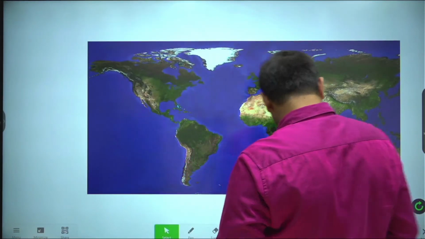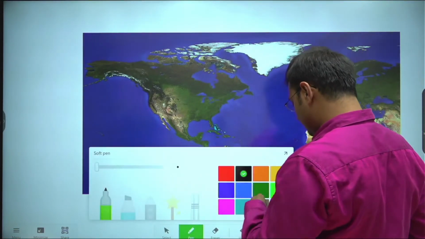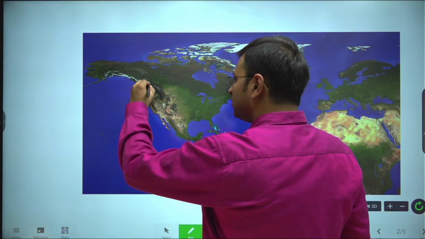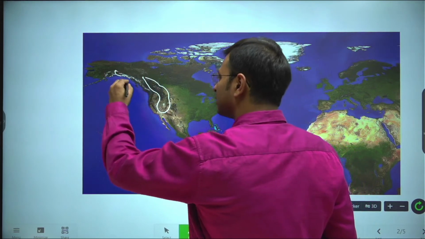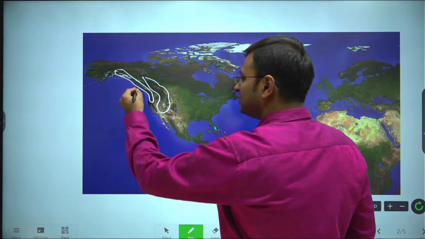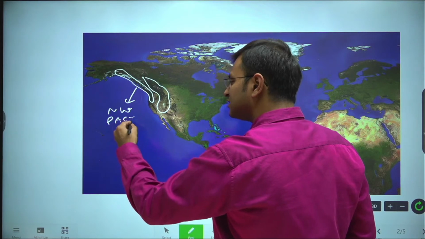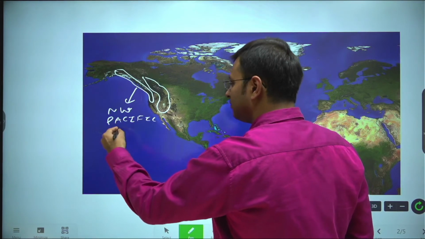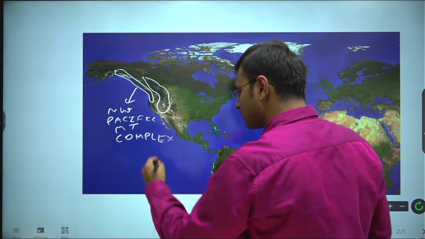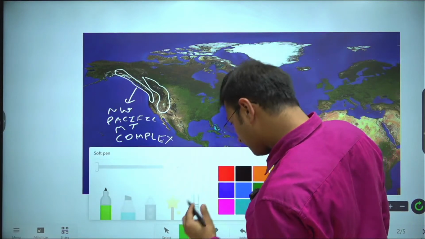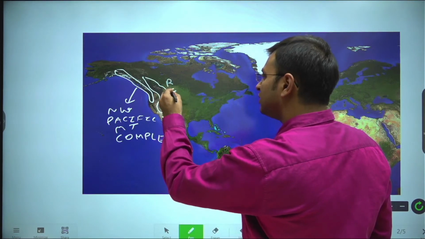If I'm zooming in on North America, you will have the upliftment of the Rockies. The mountain range which you see over here, this white one and this one, this and this is the Northwest Pacific Mountain Complex.